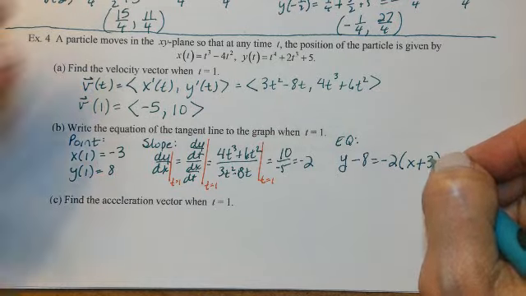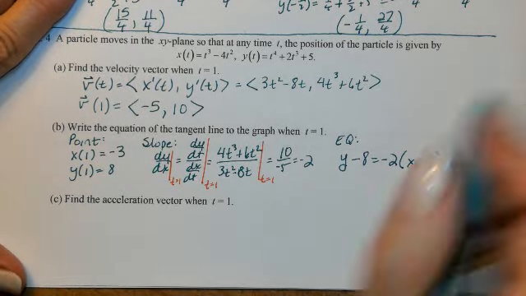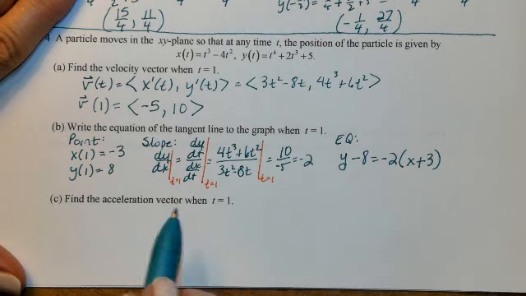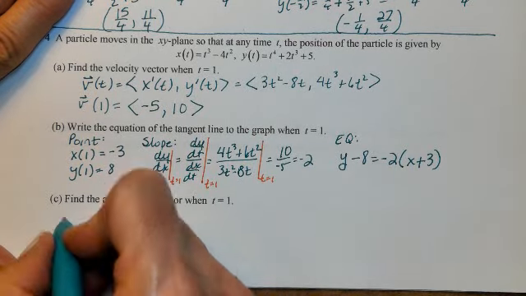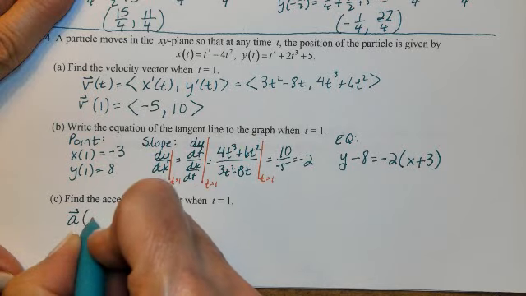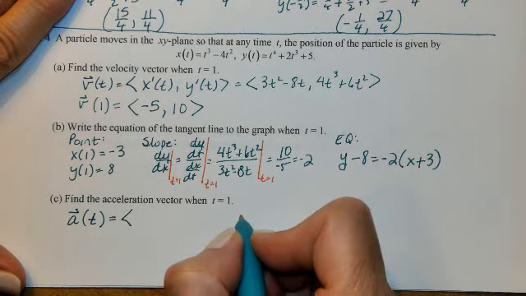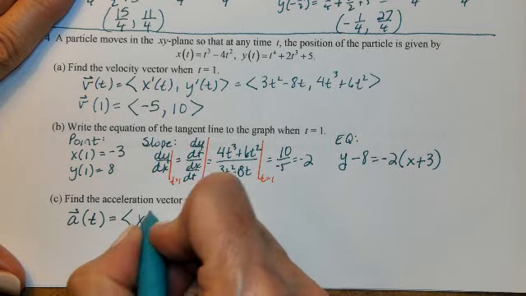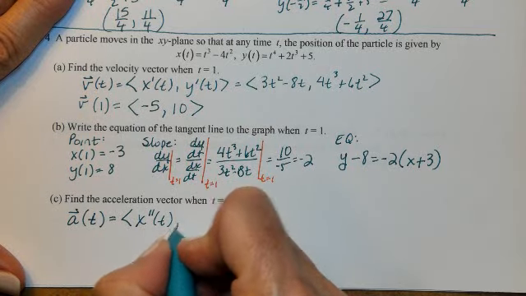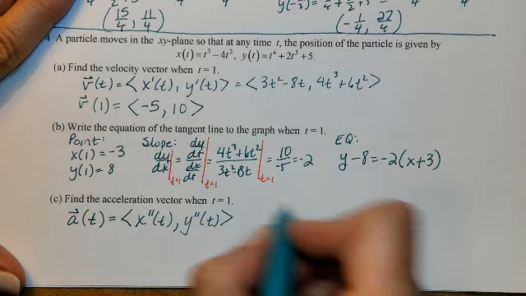Not bad. Okay. Find the acceleration vector when time is 1. At time 1, first find it at time t. So acceleration is the second derivative of x, the second derivative of y.